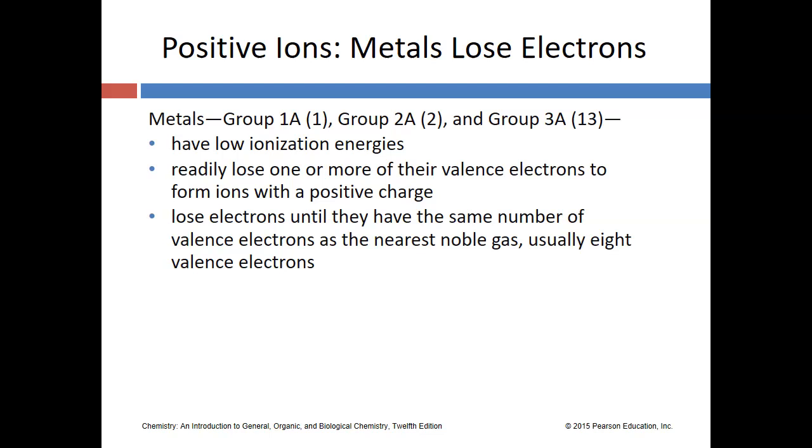So if I look at group 1, to get to 8 valence electrons, it can do one of 2 things. It can gain 7 electrons, 1 plus 7 is 8, or it can lose the electron it has.